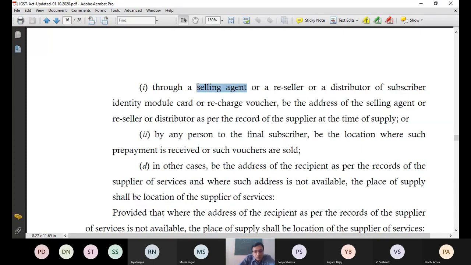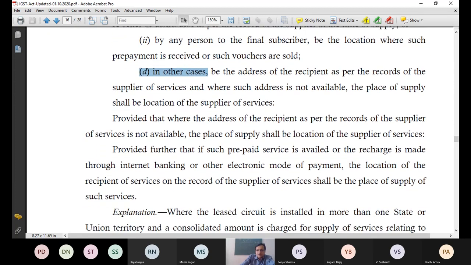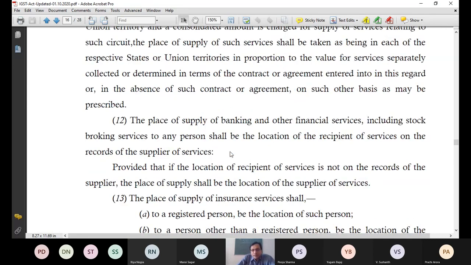So I will read it as subclause 1 of clause C of subsection 11 of section 12 of the IGST Act. This is how you go to that respective provision. It is where not through an agent but through any person. Then clause D, other cases, and the exception was there when prepaid services are installed through net banking. So I have also given that. That's it. So that's all from my side for today. Goodbye.